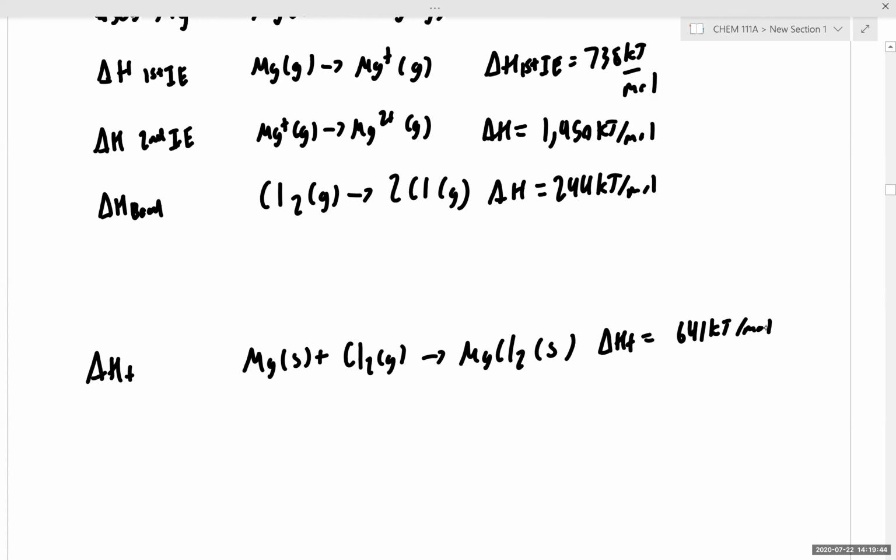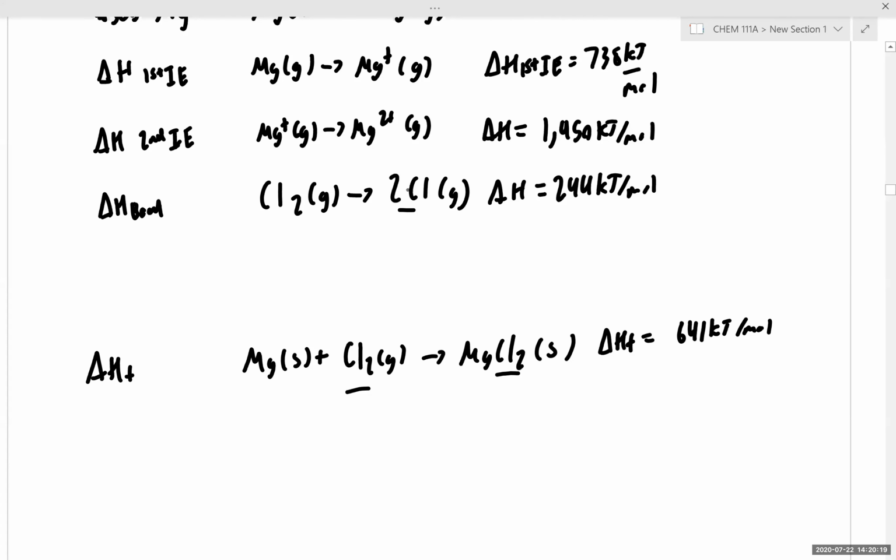My question to all of you is, how many chlorines do we need in magnesium chloride? Two, right? We have 2 chlorines in magnesium chloride.